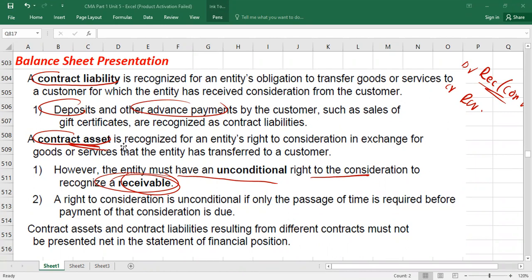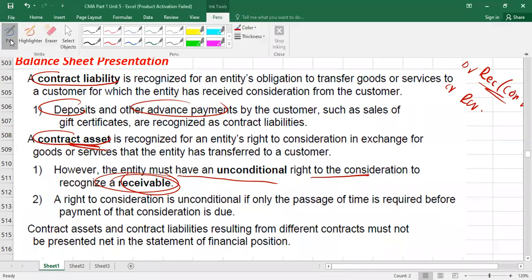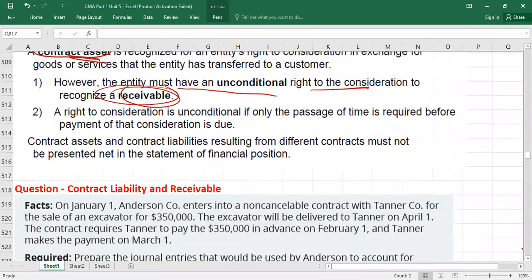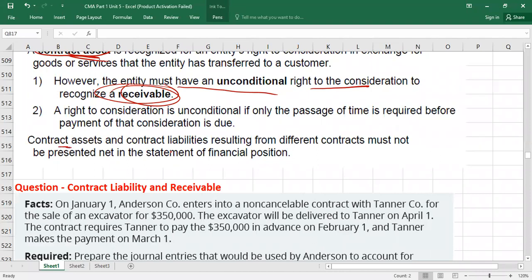If there is unconditional payment, because I have done all my obligations and delivered the goods, and I'm just waiting for the payment, then I can book a receivable. I will show you an example, don't worry. I was just explaining. Also remember, contract assets and contract liabilities resulting from different contracts must not be presented as a net value.